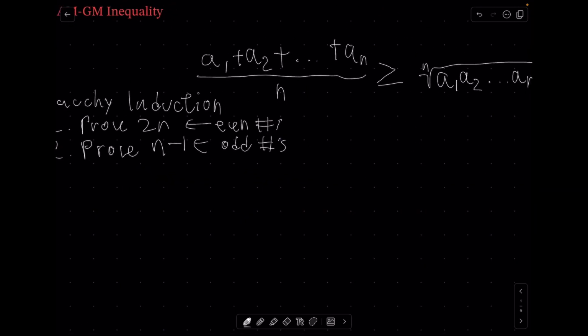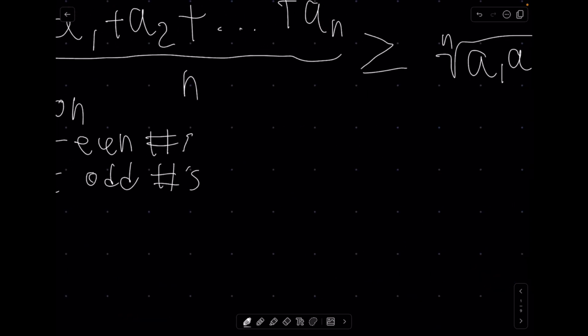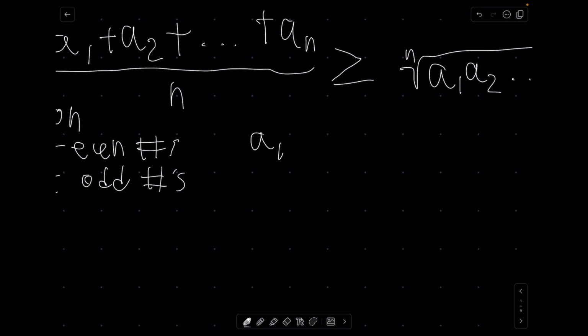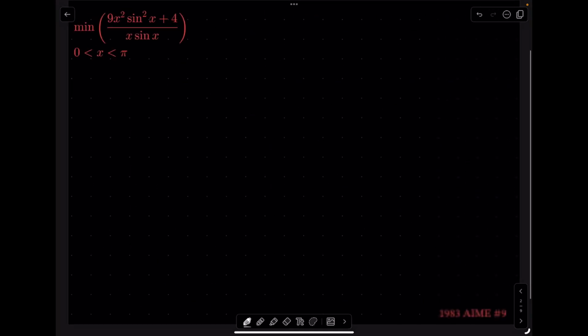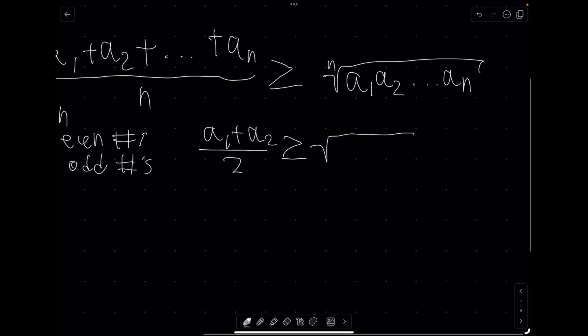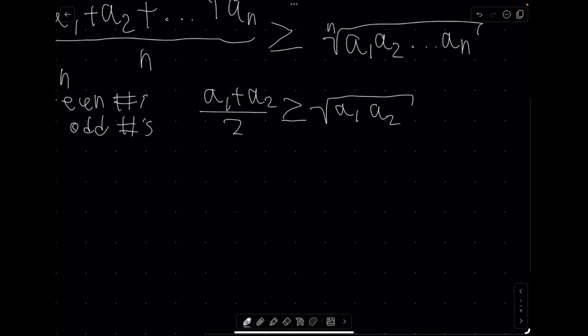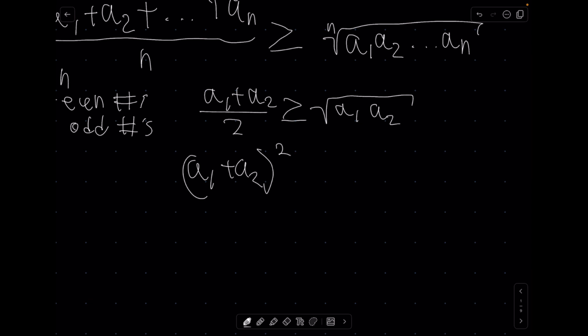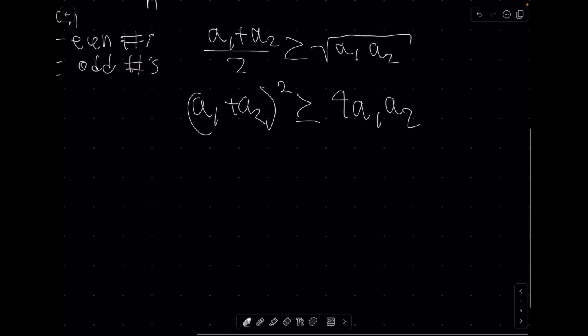So let's start on step 1, and that's going to be just proving the base case with two numbers. So (a1 plus a2)/2 is greater than or equal to the square root of a1a2, right? So let's just multiply by 2 and square both sides. Now we have 4a1a2, and let's just expand the left.